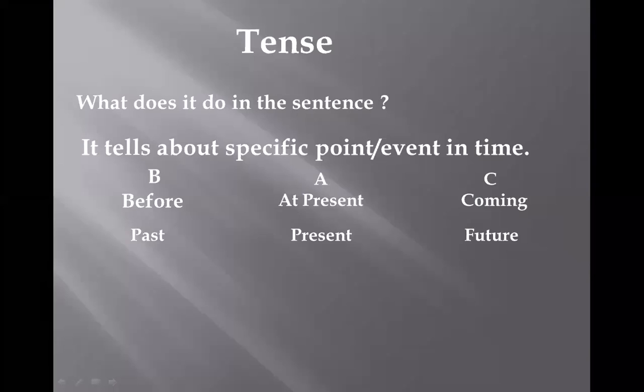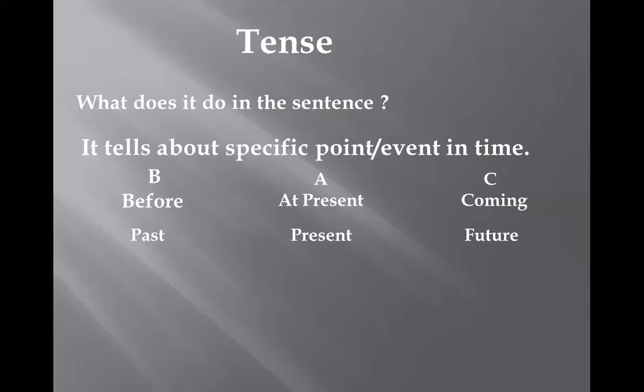Now you see, A refers to at present, B refers to before at present, and that becomes the past. And then C becomes the coming, and coming for at present means not at present, it will be coming, and the coming will become the future of at present.